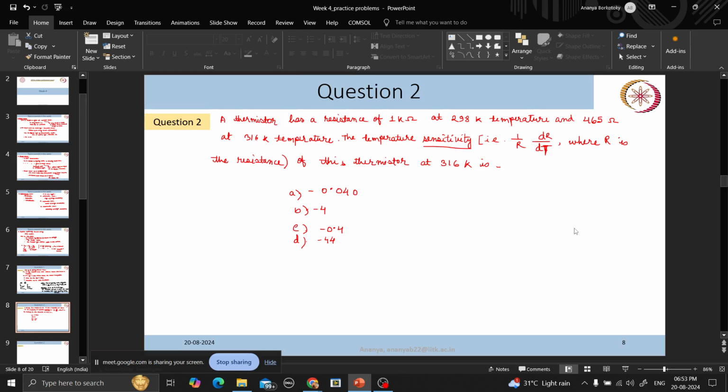There are few unknowns, but we have few known parameters in here. For us, the output is resistance and the input is temperature. The input output values are given at two different points, at 298 Kelvin input and at 316 Kelvin input. Using the expression we can find the unknowns and find the sensitivity.